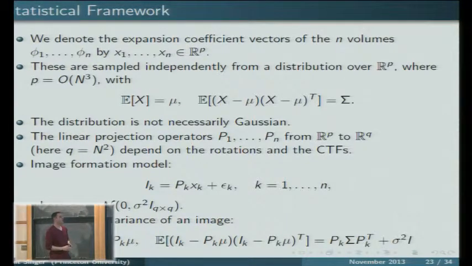Okay. So in our model, the k-th image that we get is a projection of the k-th molecule plus noise. The question is how to find the covariance matrix of the x's from the images. We'll assume that noise is just Gaussian.